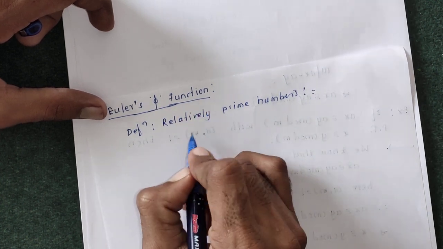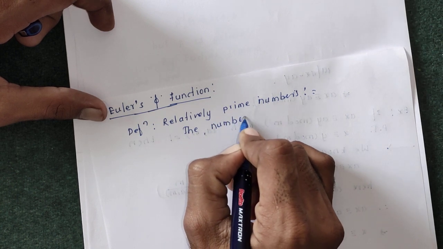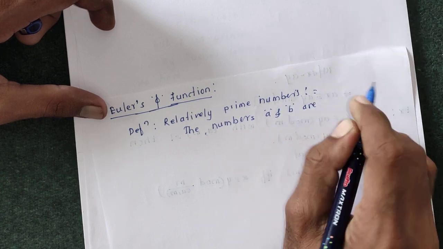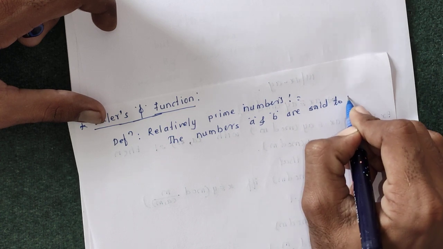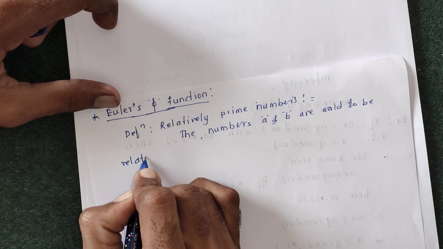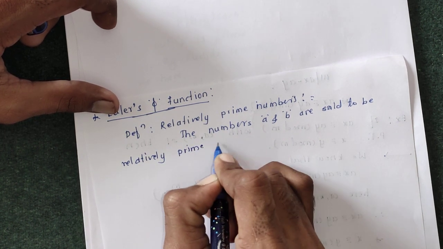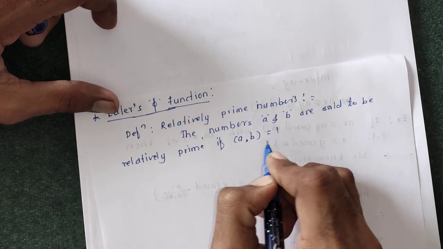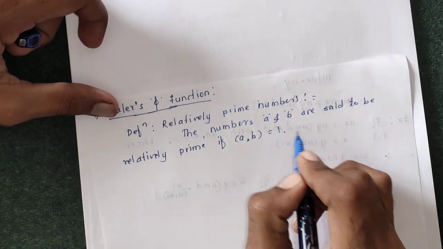Two numbers a and b are said to be relatively prime if their GCD is 1.